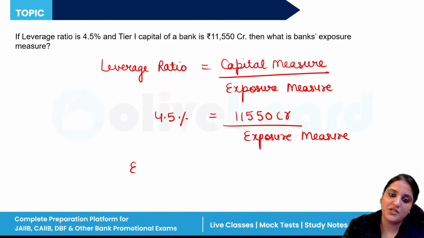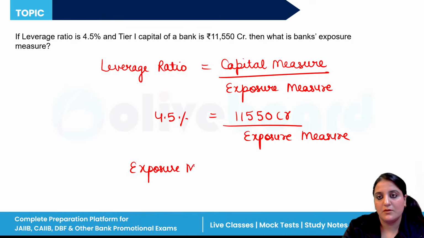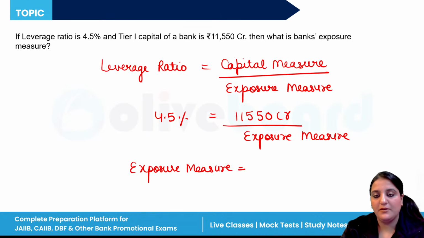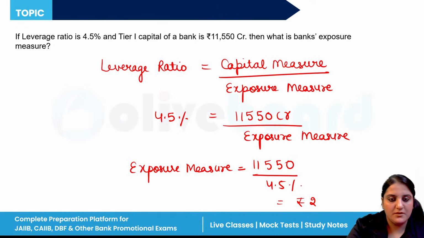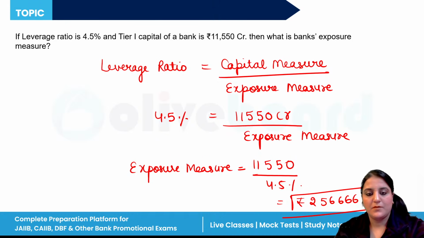So exposure measure is equal to capital measure divided by leverage ratio, that is equal to rupees, let me calculate. This is the answer. Clear?